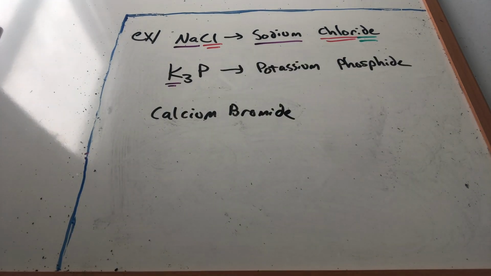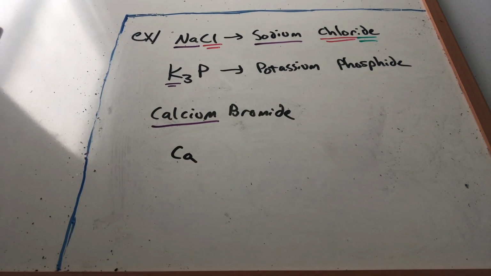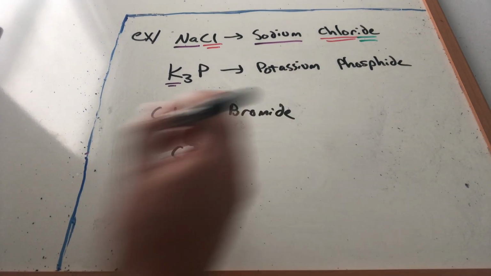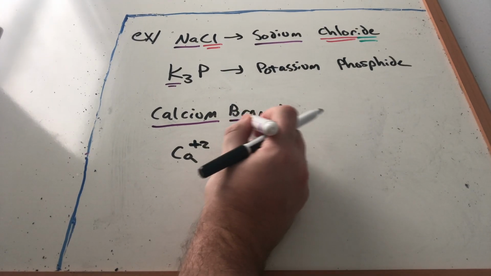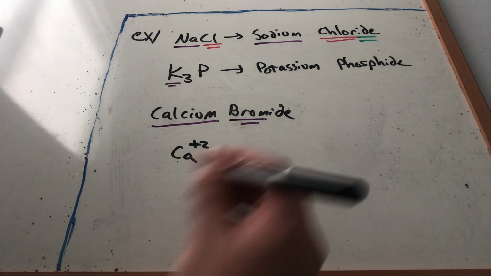Now going in the opposite direction, we see that we definitely have an ionic compound. I look on the periodic table and I see that calcium, which is Ca, is in group 2A, so calcium would have a charge of +2. Bromide is not on the periodic table, but bromine is. So remember that ending IDE, now we take it off and think about something with the same root. Brom sounds like bromine.